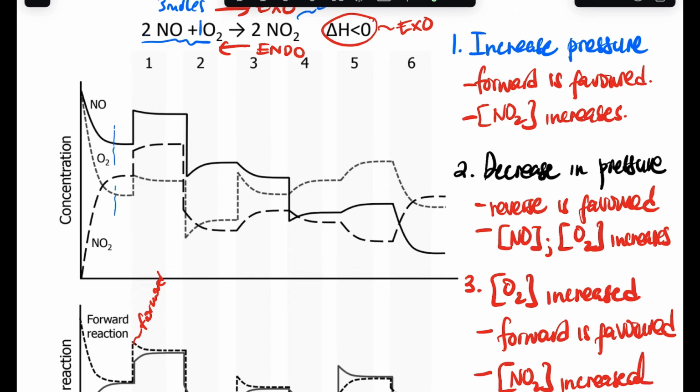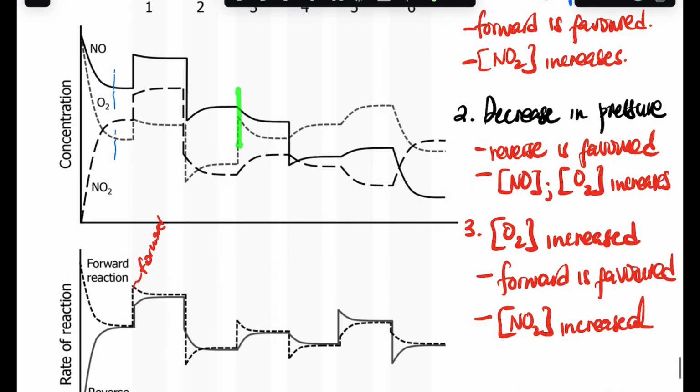That was 3. Let's look at the rate graph at 3, when the concentration of oxygen has been increased. If you look there, it's equilibrium, then at 3 there's a disturbance. In this disturbance we see that the forward reaction is favored, right?